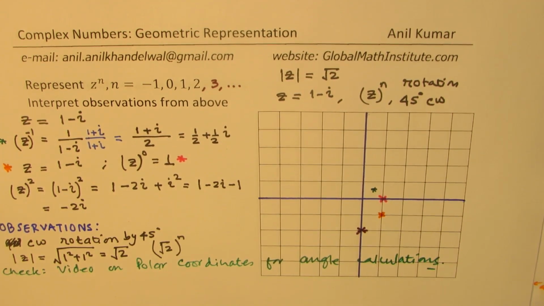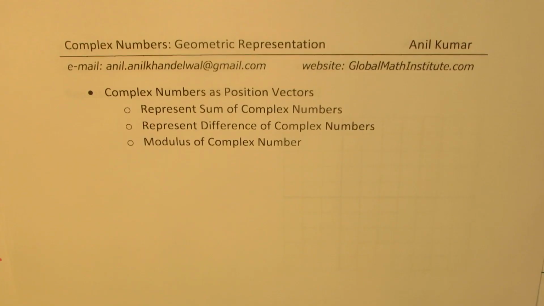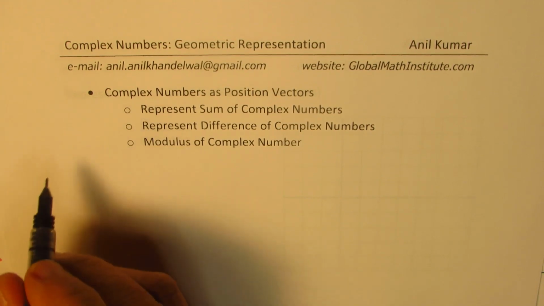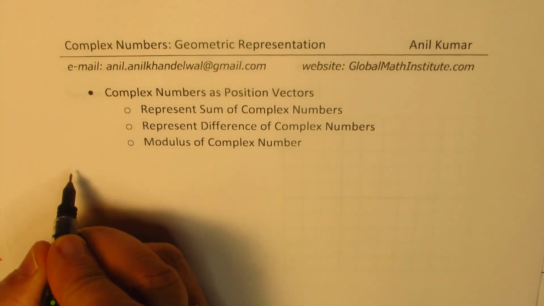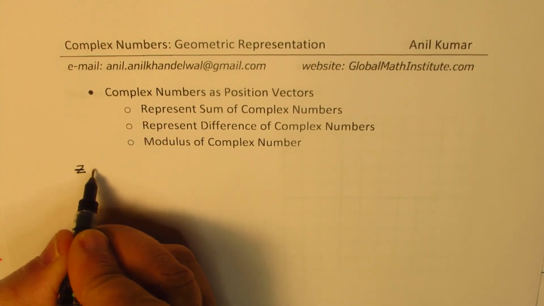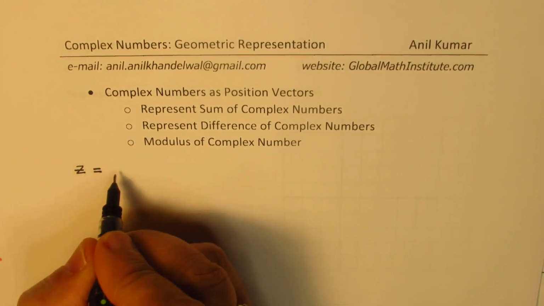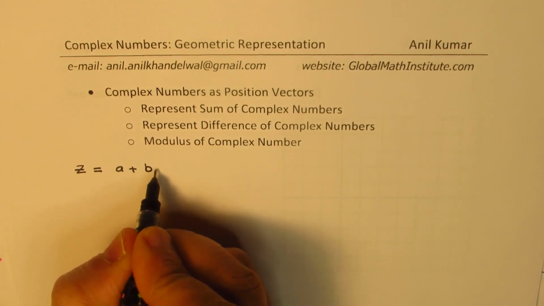So I hope you understood how the powers of a complex number can be represented geometrically on a complex plane. Discuss how to represent complex numbers as position vectors. So we have been talking about complex numbers z being represented as a plus bi.